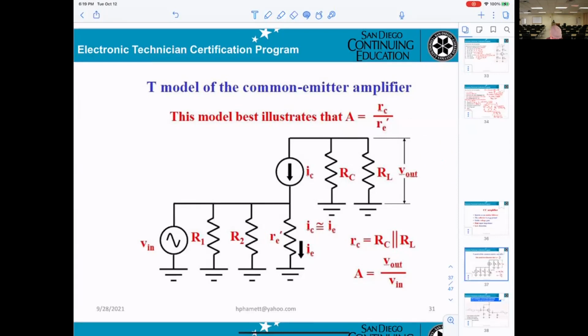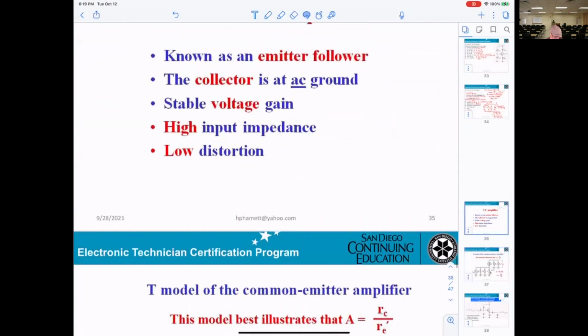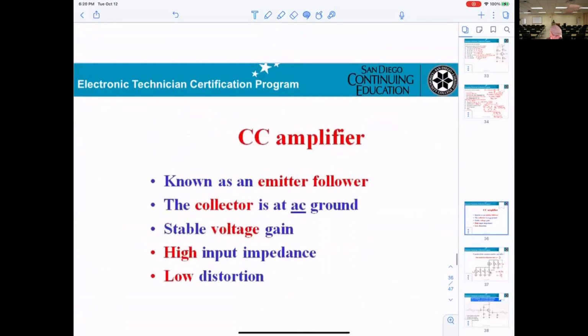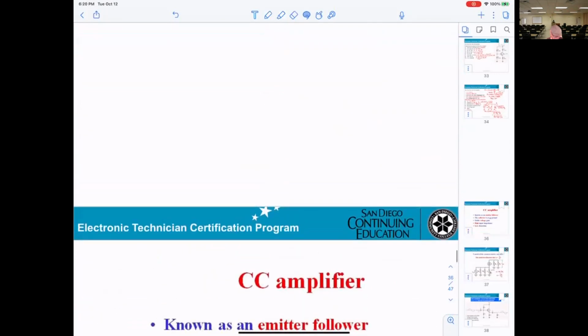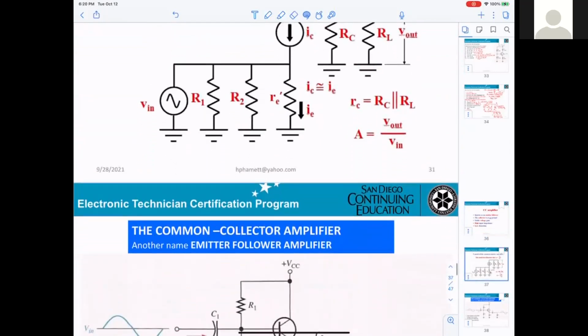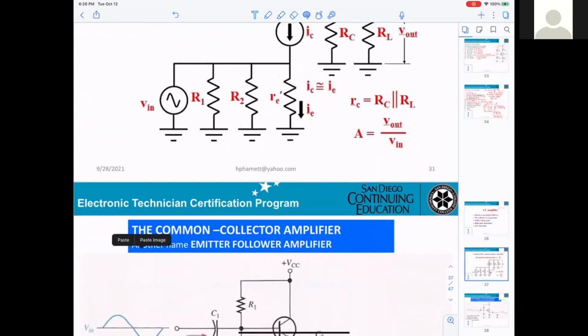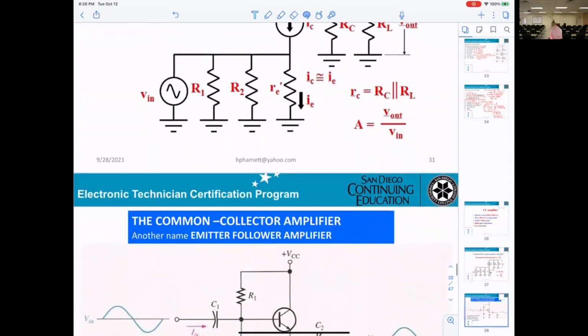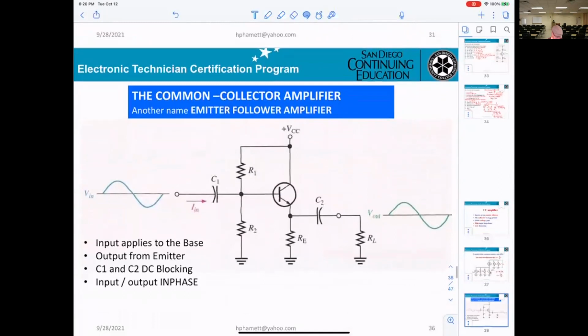So that's supposed to be before CC. They're supposed to be in here. I will correct that. That one there is supposed to be before the common collector. Now, this is a common collector circuit. This is the input here.